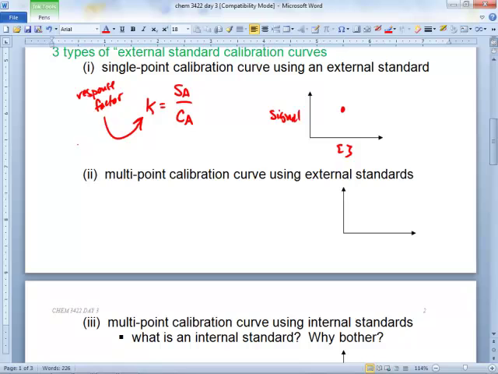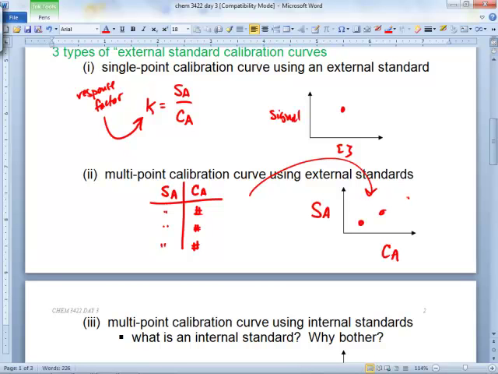Multi-point calibration curve. So you have your signal and your concentration. You have to make up a whole bunch of standards, external standards, and measure all their signals. Plot it all. Hopefully it's linear, and then you use y equals mx plus b: signal equals m times concentration plus b.